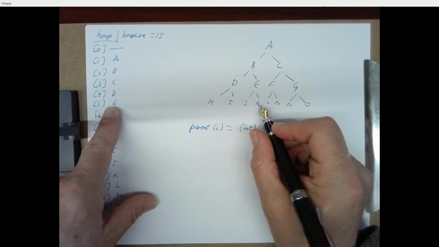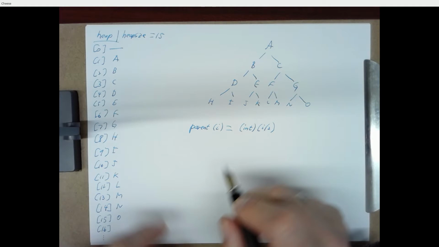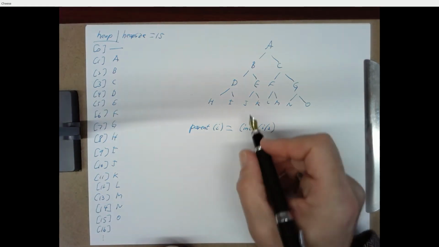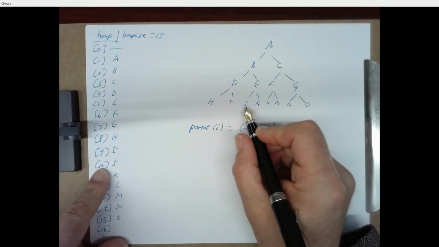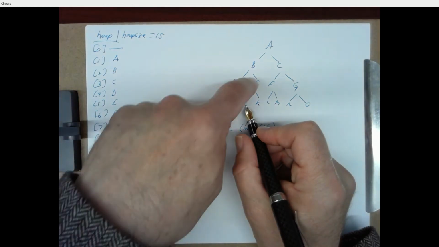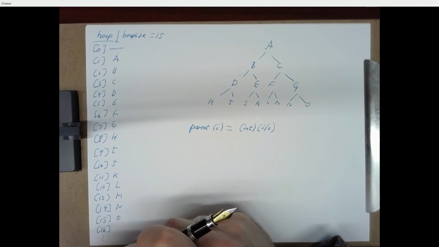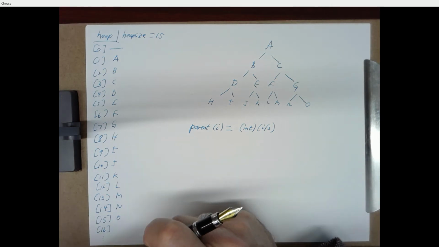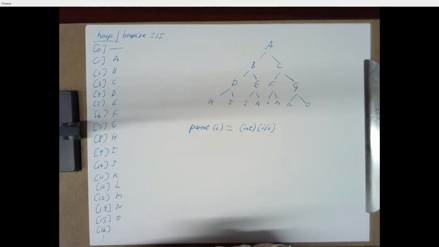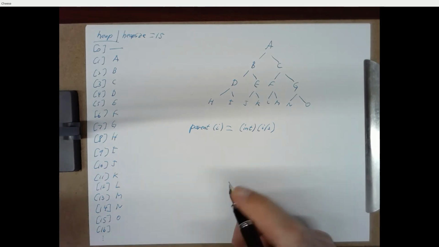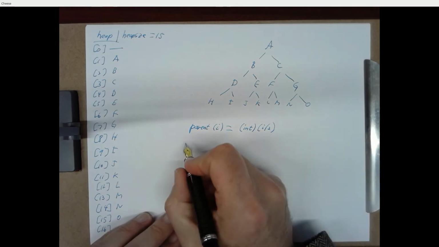Element 5 is E. E is K's parent. If we wanted to find J's parent, J is element 10. 10 divided by 2 is 5, which is element E. E is also J's parent. So finding the parent of a child is easy. We just take the index of the child and divide by 2, treating it as an integer. And we can go in the other direction.